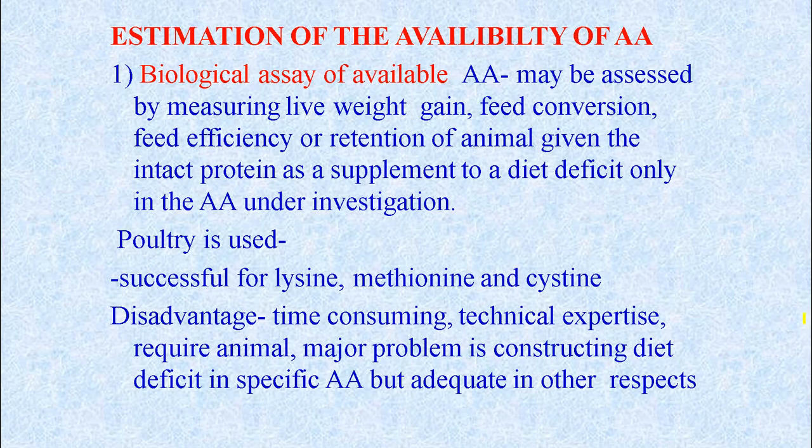In poultry, it is highly successful for lysine, which is deficient in different feed components like maize. Then the very essential amino acids like lysine, methionine, and cysteine. These are essential amino acids. Later, they become the substrate of the bacteria, and of course, we can calculate it more efficiently.